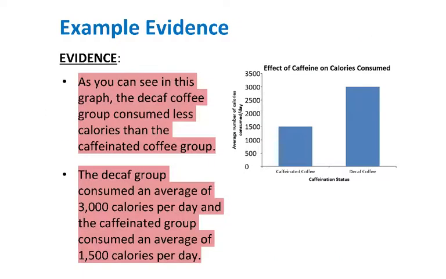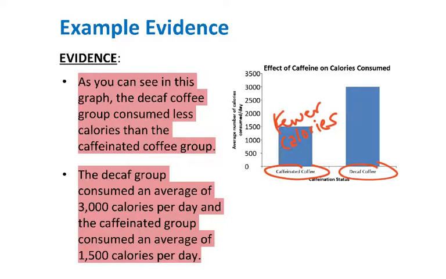So here would be an example. Here we still have our same graph, where we've got caffeinated coffee on the bottom and decaf coffee over here. So one bar for caffeinated, one bar for decaf. This group consumed fewer calories than the decaf group, and you can see that because the bar is shorter.